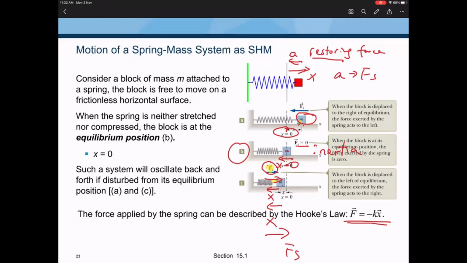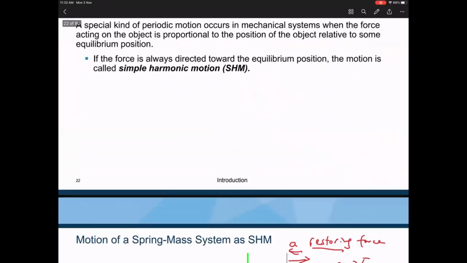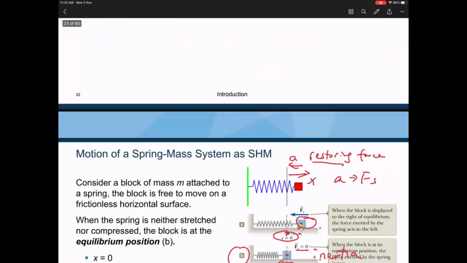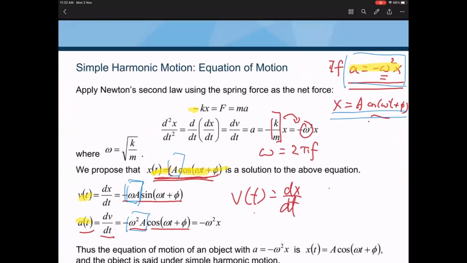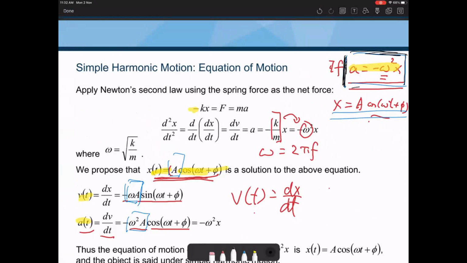When a system performs a simple harmonic motion, there would be a very characteristic behavior, namely that the acceleration of the object is related to the displacement of the object from the equilibrium position.